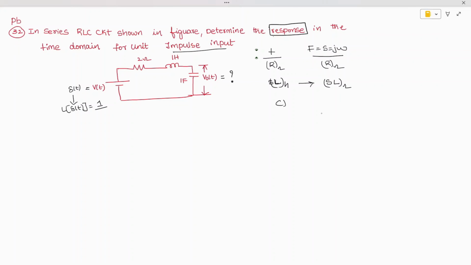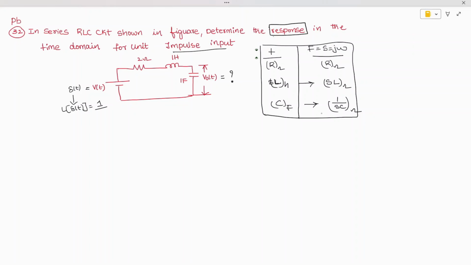Here the capacitor is in farad, and we write it as 1 by SC ohms. This is the concept of converting time domain parameters into frequency domain parameters. I repeat: R ohms, L Henry, SL ohms, C farad, 1 by SC ohms.